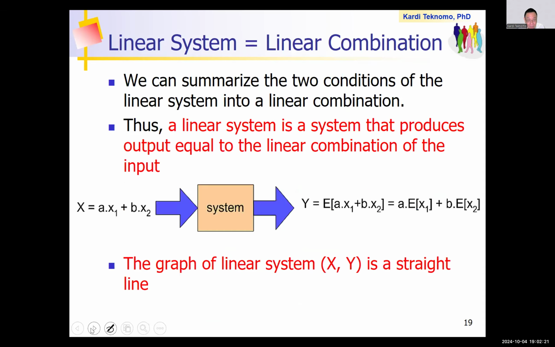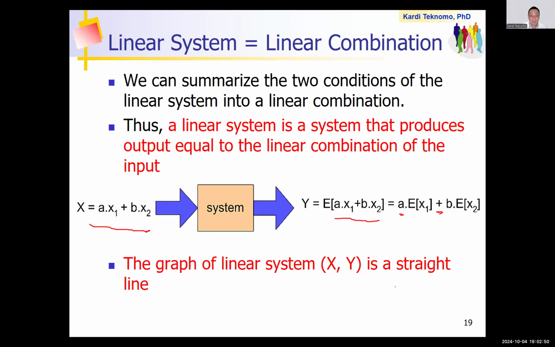So we can combine the two conditions above into one. What if I just add and then multiply together? We have it like this. Then of course you can add the outputs and you can pull out the scale factor.